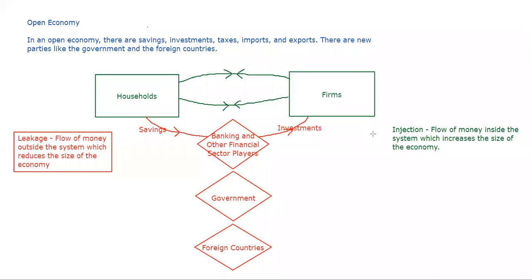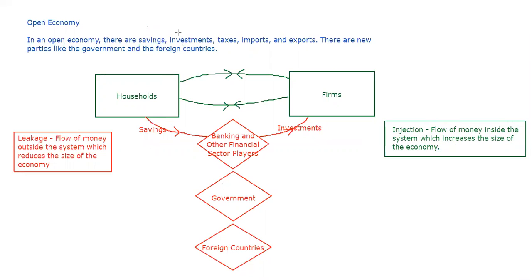Okay, so let's give it a small square around it to understand that it's not a part of the diagram. It's just a definition. So savings come back in the form of investments. So leakage that happens comes back in the form of injections. Now, what will the government do?